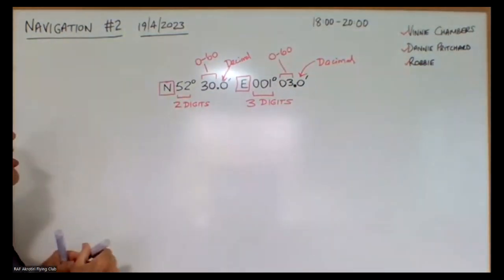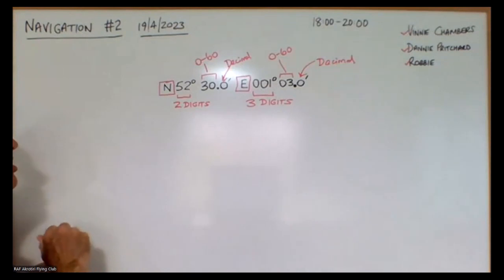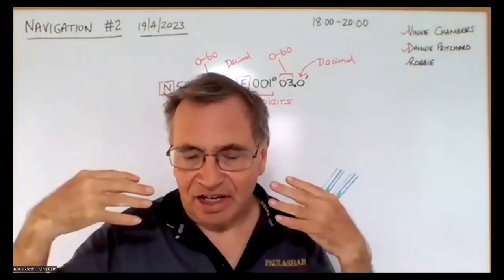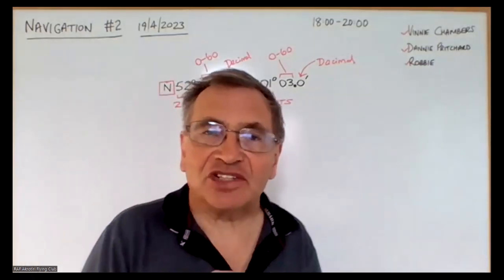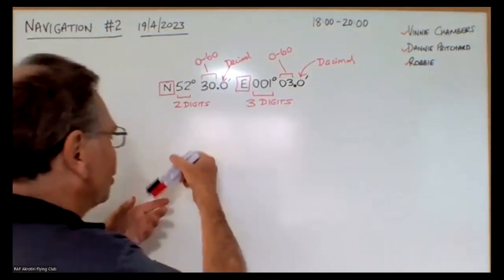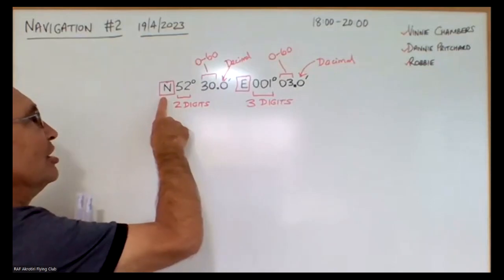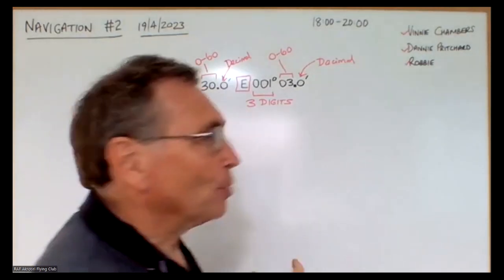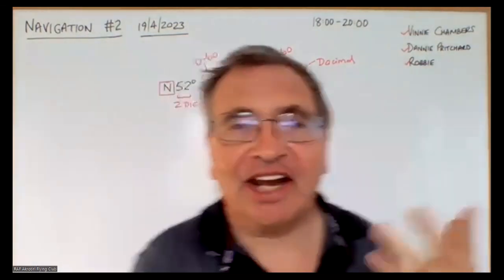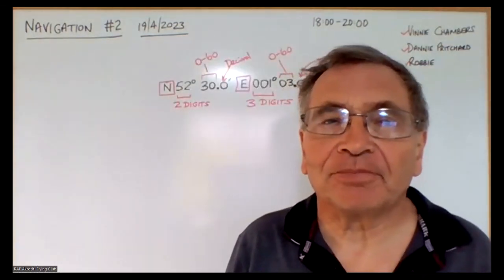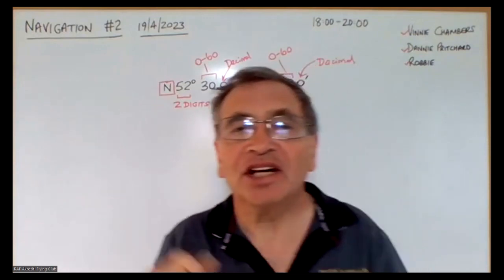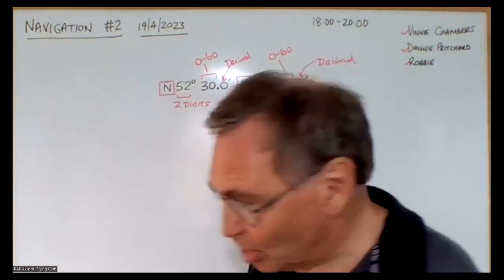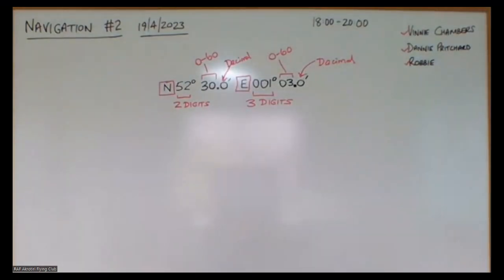Now the other thing to note is that when we're reading back positions in latitude and longitude, we actually use the word north, south, east and west. We don't use November echo. It's one of the few times when we use the phonetic alphabet, we actually use the real word.